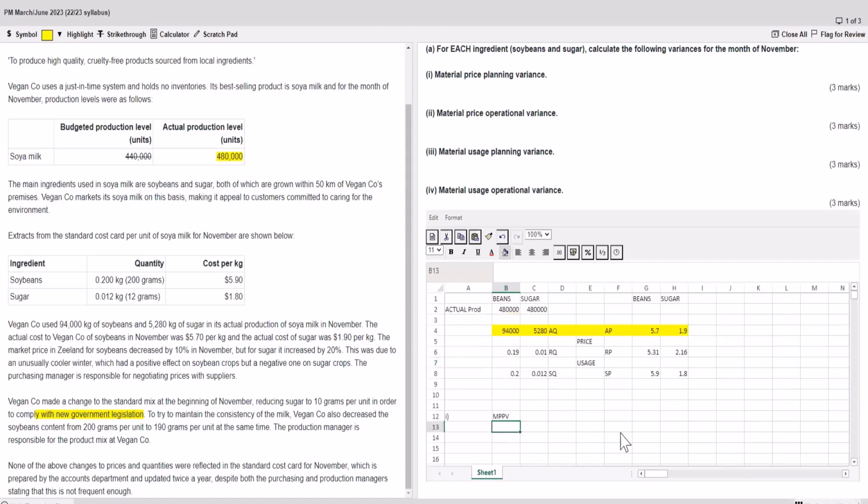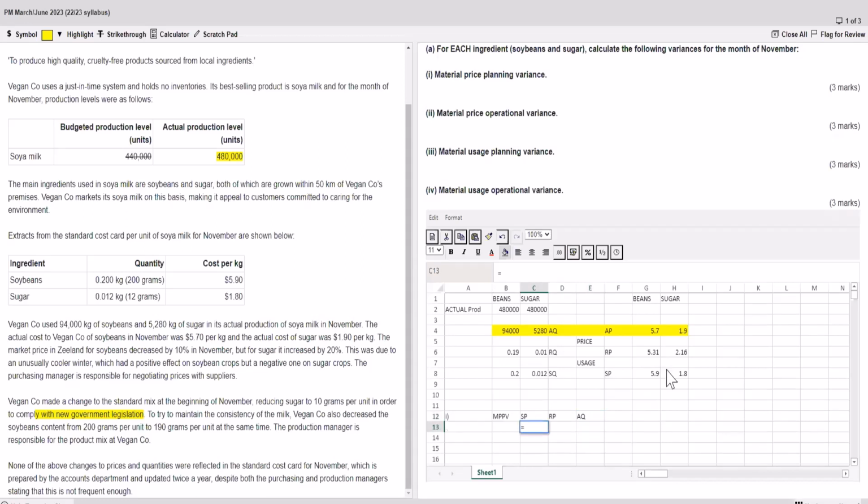All right. So this is now the material price planning variance. Okay. So I need the standard price. I need the revised price, and I need the actual quantity.